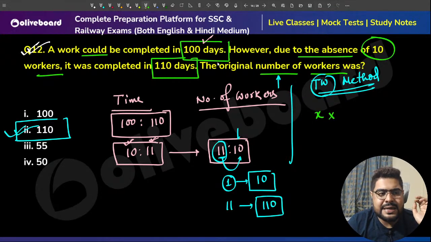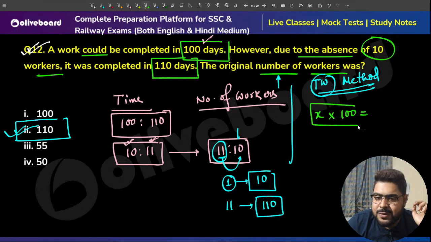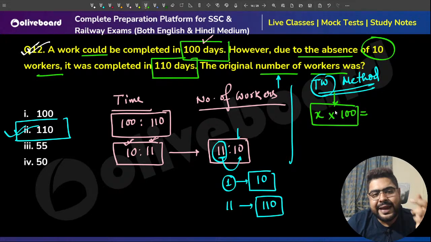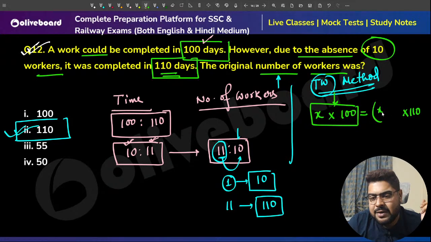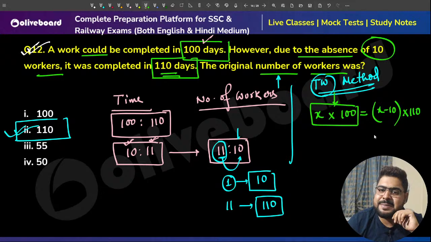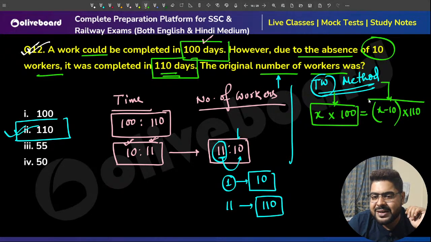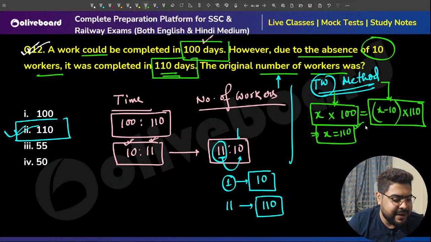They are supposed to complete this in 100 days, so this is the total work. I need to equate this. Second scenario: now it completed in 110 days, because there were 10 workers less, X minus 10. This is also total work. Equate both the total works, you will get X is equal to 110.